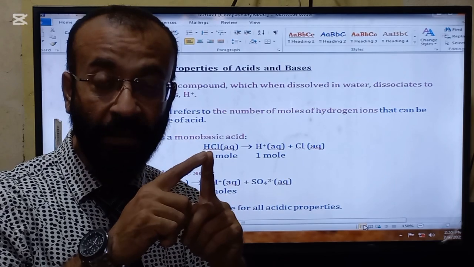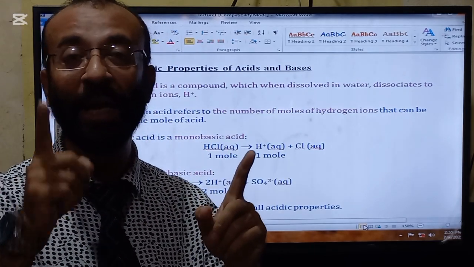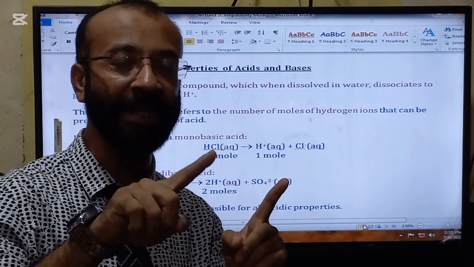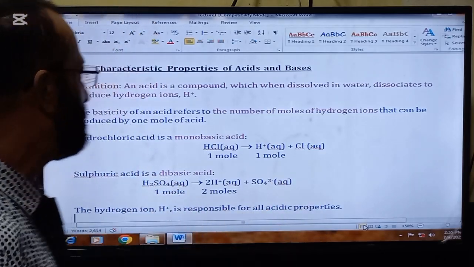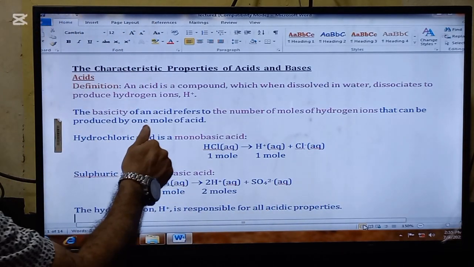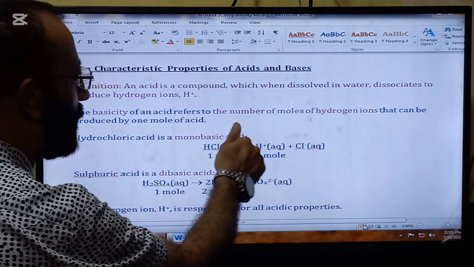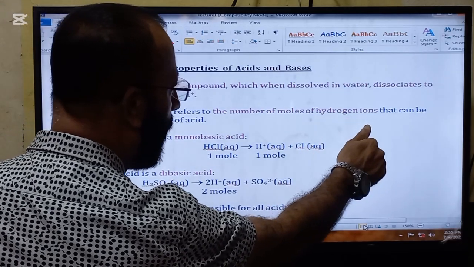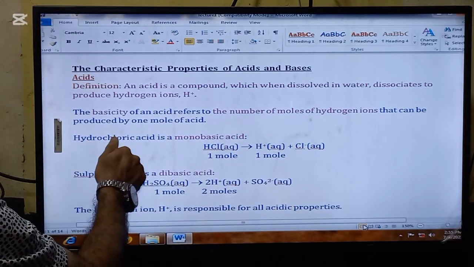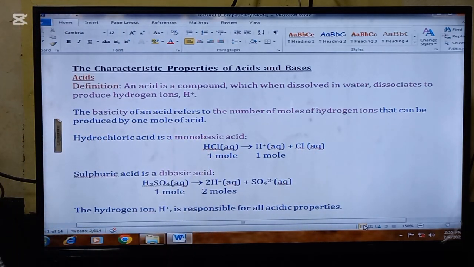So one interesting thing will be there. Acid will have basicity and base will have acidity. So look now, the basicity of an acid refers to the number of the moles of hydrogen ions that can be produced by 1 mole of the acid.